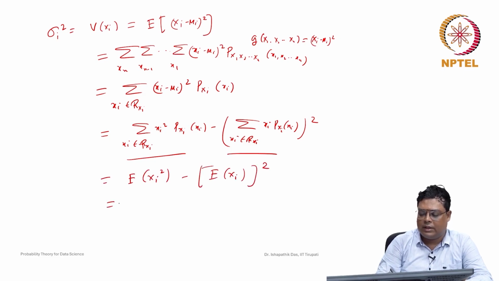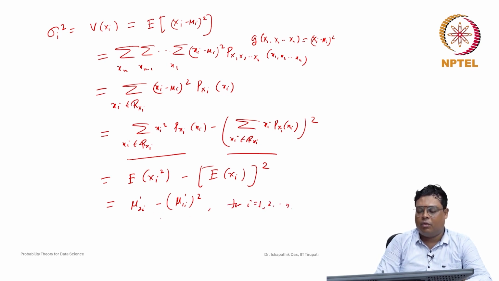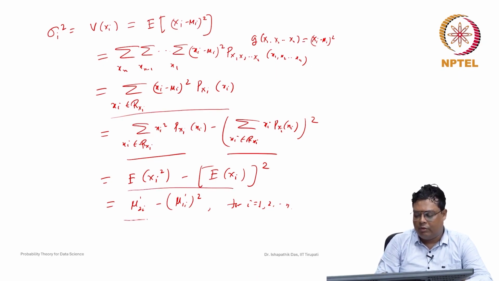For the ith variable we can represent it as mu 2 dash i minus mu 1 dash i whole square, for any i from 1 to n. We already know this formula and have computed some numerical examples, so we are not doing it again. You can go back to some of the other videos to see how this general definition of the variance can be represented in a simplified form.